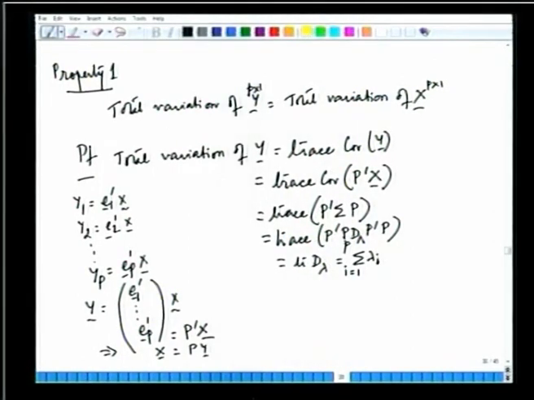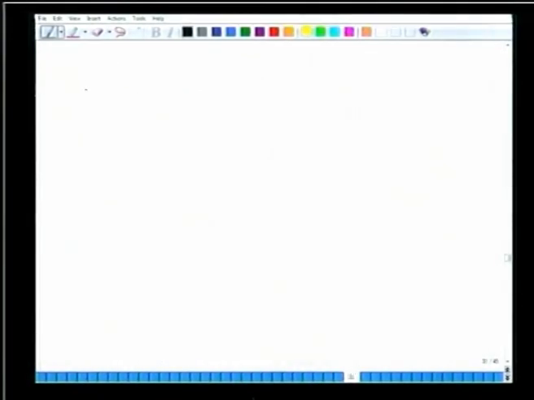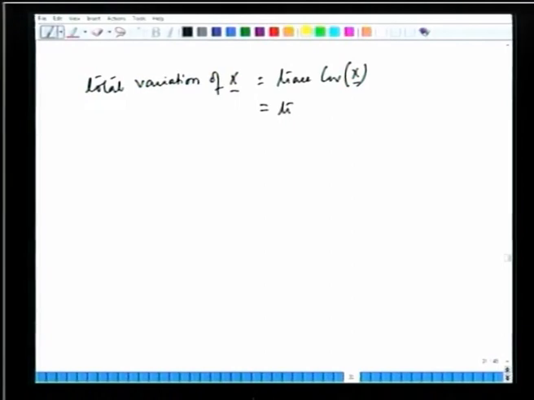And what is total variation of x? Well, total variation represented by the original data, that is x, is by definition the trace of the covariance matrix of x, which is trace of sigma, and trace of sigma is nothing but trace of P D lambda P prime.